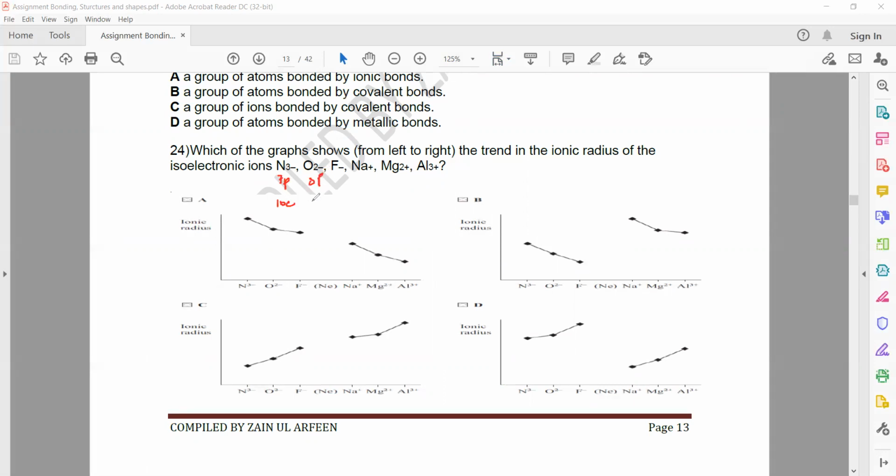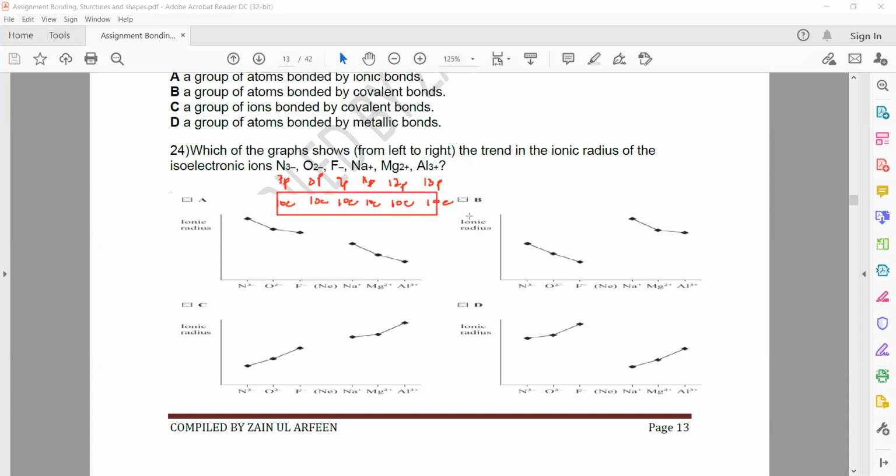Oxygen has 8 protons and 10 electrons. Fluorine has 9 protons and 10 electrons. Sodium has 11 protons and 10 electrons. Magnesium has 12 protons and 10 electrons. And aluminum has 13 protons and a charge, so 10 electrons. So all of them have the same number of electrons.